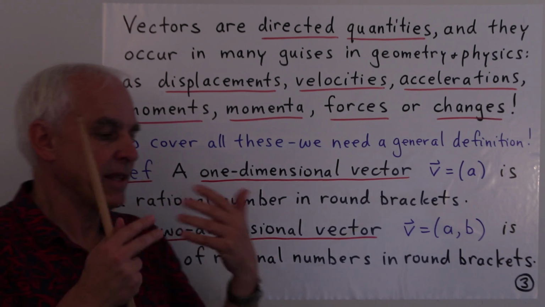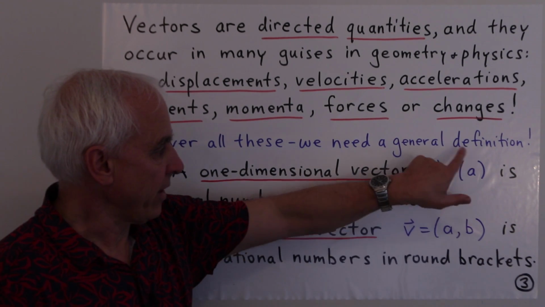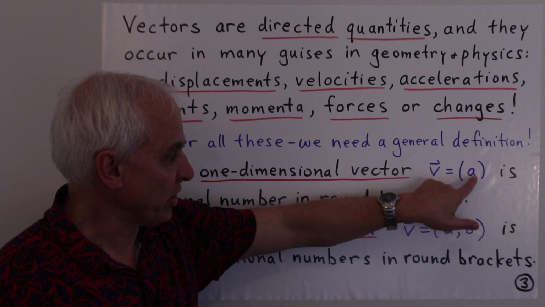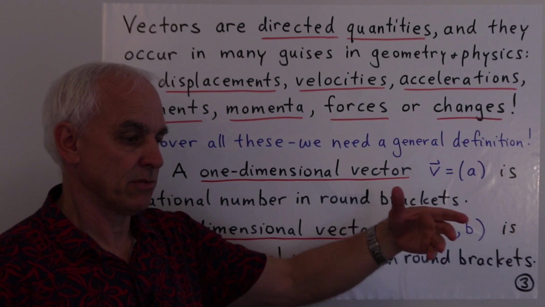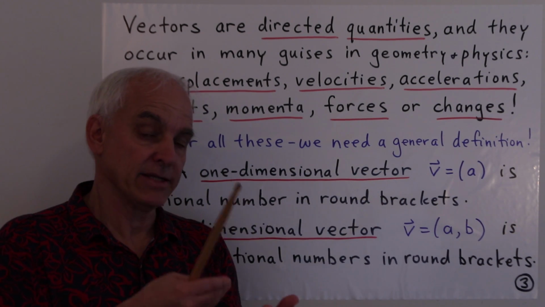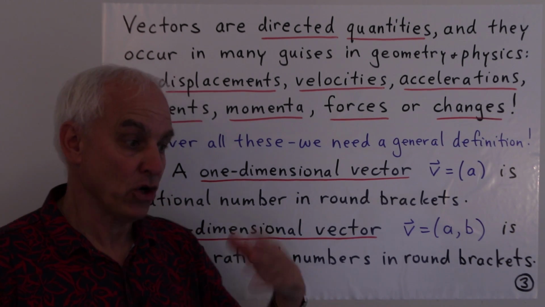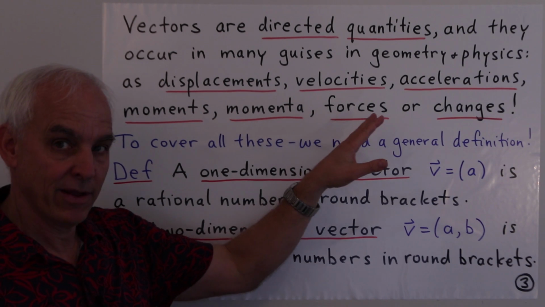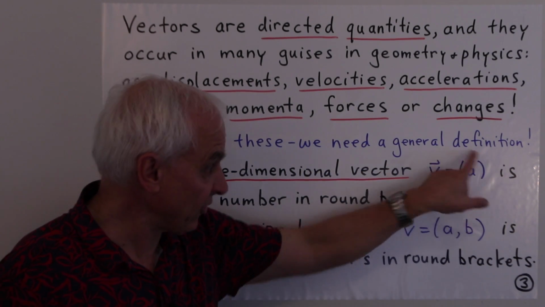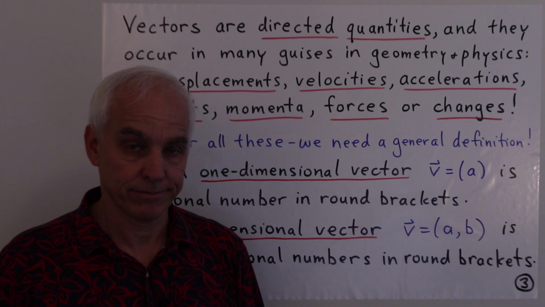So we don't have to say anything more than that. We just write down a left bracket, then a rational number, and then a right bracket. As long as those brackets are round brackets, then that is necessarily a one-dimensional vector. And we can interpret it in a number of different ways, but what it actually is is this expression that we can write down.